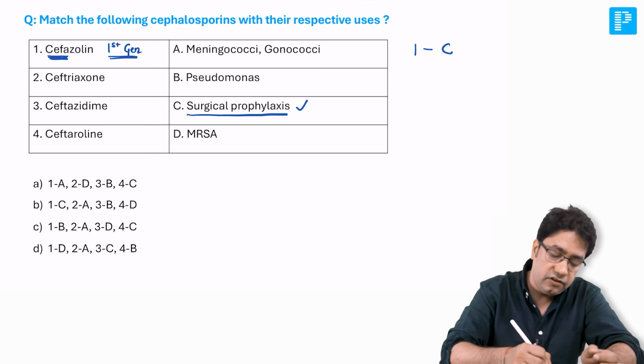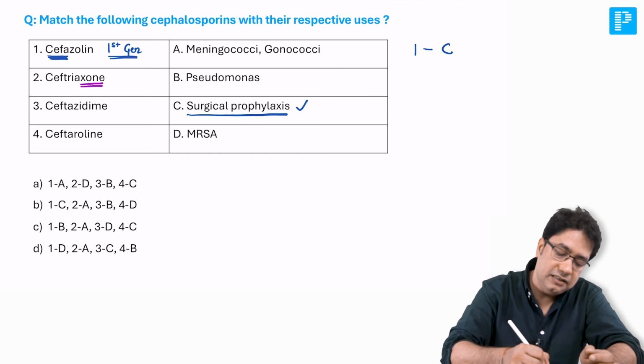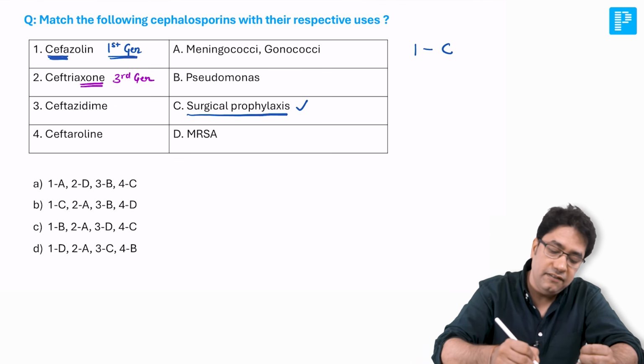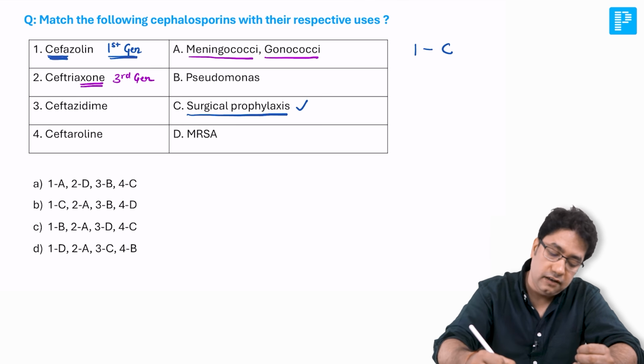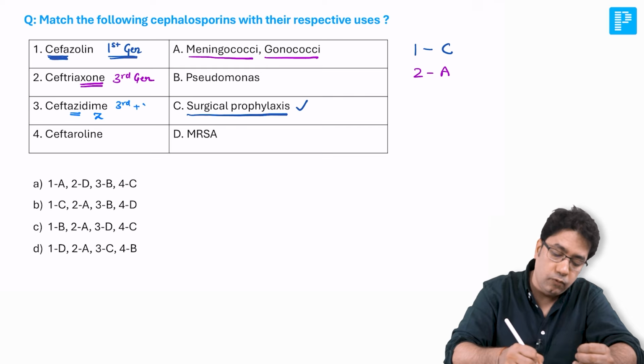Then we have ceftriaxone. It is ending with the word zone. Zone means it is a third generation cephalosporin, which is given for community-acquired gram-negative infection like meningococci, gonococci. The drug of choice is ceftriaxone. Third, we have ceftazidime. It has the Z word in it. So can we say it is a third generation with the Z word in it?